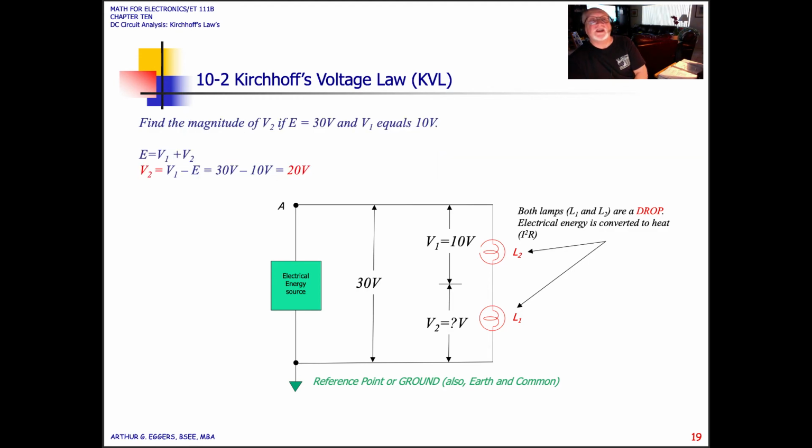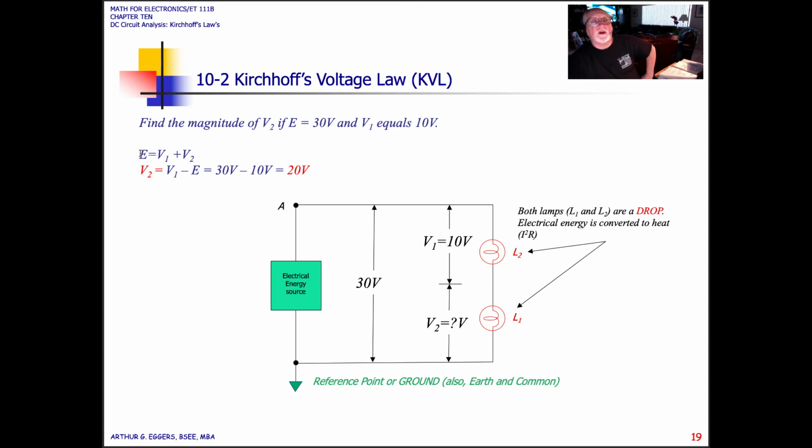So if we take an example here, find the magnitude of the voltage across lamp number 2, where the applied voltage is 30 volts and the drop across lamp number 1 is 10 volts. We can, using Kirchhoff's voltage laws, determine the value of the unknown V2.